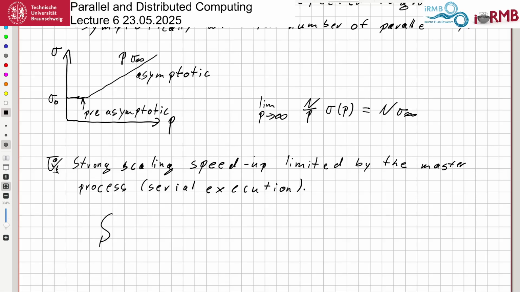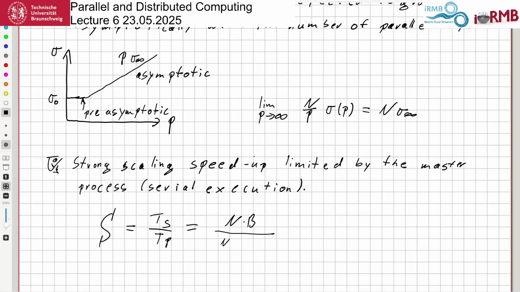So then our speed up is always the time that the serial code would work over what the parallel work would work. And if we are in the asymptotic way, and this is a big if, then for the serial work we have n times the time that the work on average takes, b.